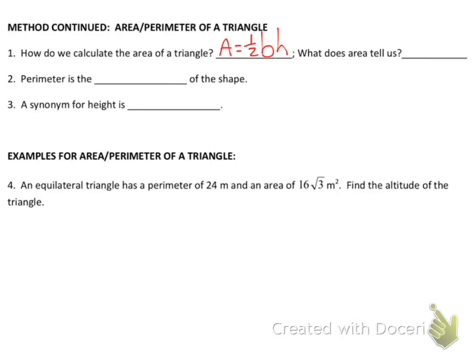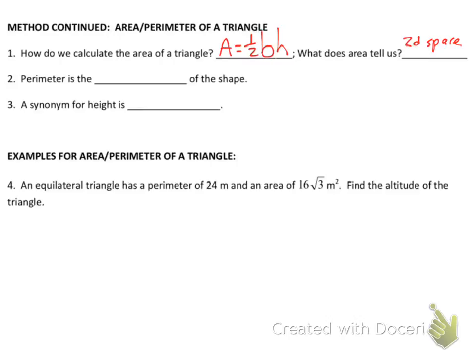What does area tell us? Basically, what is area? It tells us the 2D space it takes up, right? Volume would be a 3-dimensional space. Area is how much it takes up in 2D.